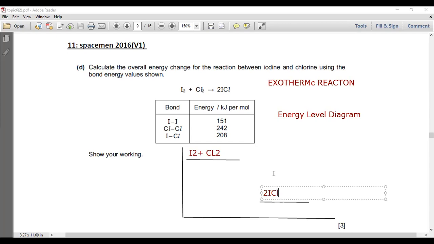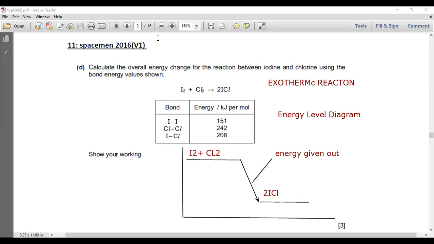Then we said exo, so make the arrow down and write energy given out. Okay?